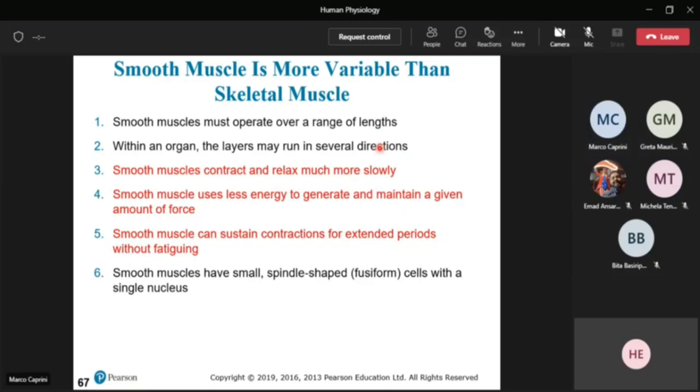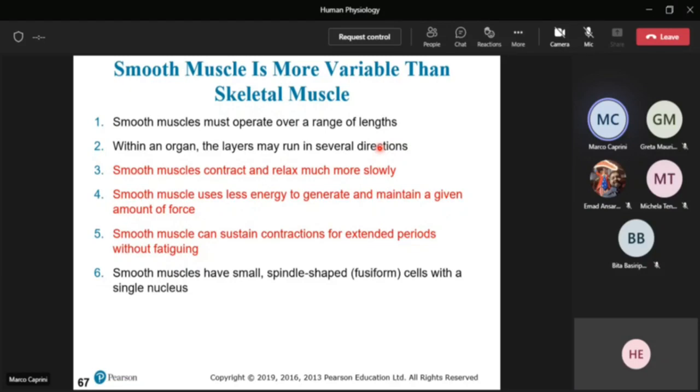So the intestine contains the circular and the perpendicular longitudinal smooth muscle cells, okay. And what is the role of this smooth muscle? Why has nature built an intestine with two types of smooth muscles?